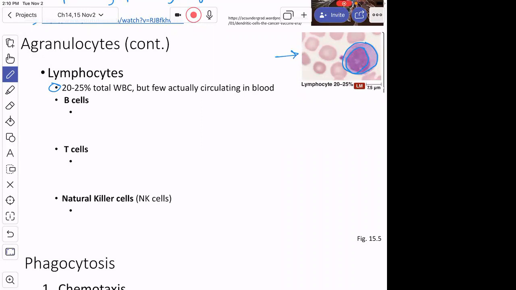So just a little introduction to them. We're going to talk more about them later. The B cells, their main role is that they are going to differentiate into plasma cells. And then the plasma cells are going to make antibodies.